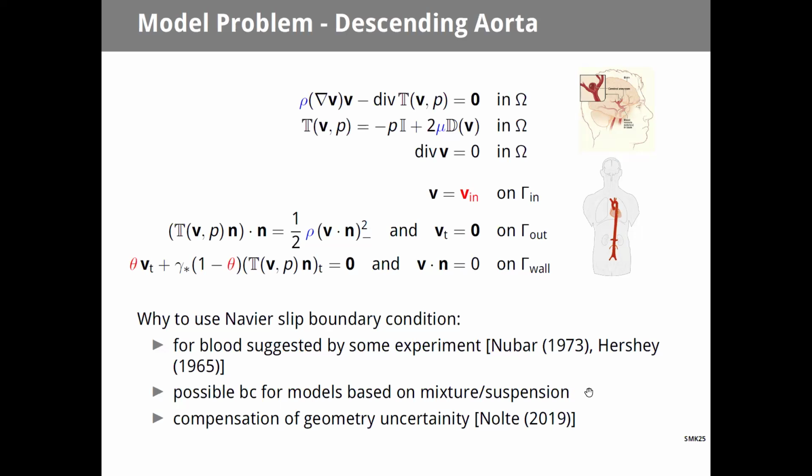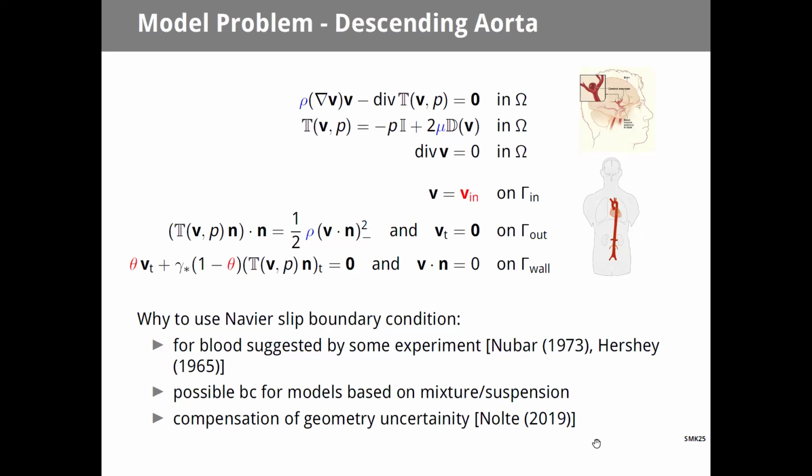So if you would derive some kind of mixture model, where one component of the mixture has no slip boundary condition and the other components can slip on the boundary, like blood cells, then the combined boundary condition is somewhere between no slip and slip. So there you can also end up with some kind of Navier slip boundary condition.